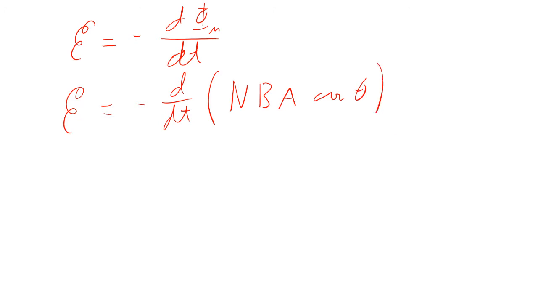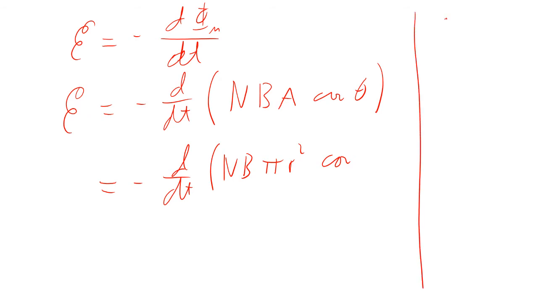In the derivative, we have N, B, A which is pi r squared, and cosine of the angle. The angle keeps changing. We remember from physics 1 that we can write that as omega t, angular velocity. The angular velocity is related to the frequency as 2 pi f. So I plug that in here: 2 pi f t.